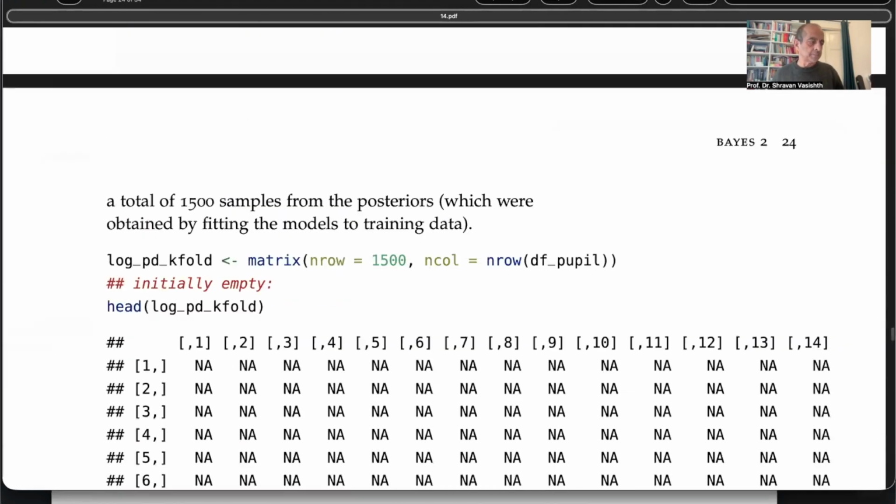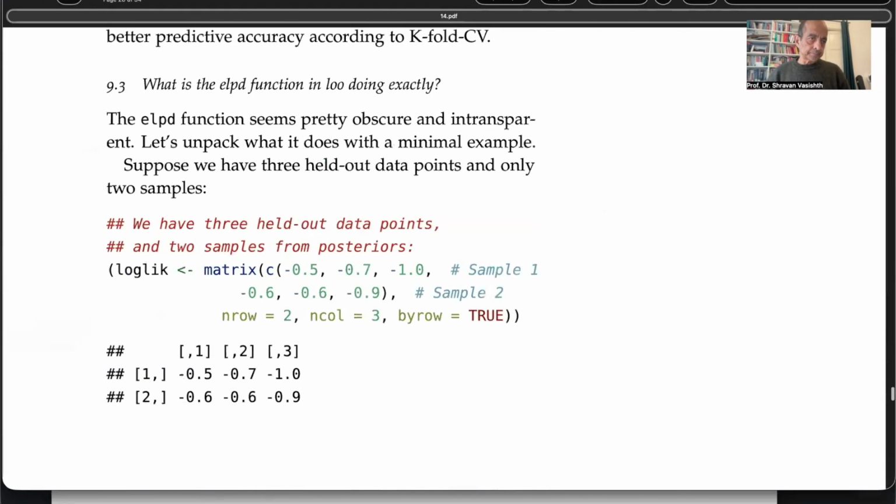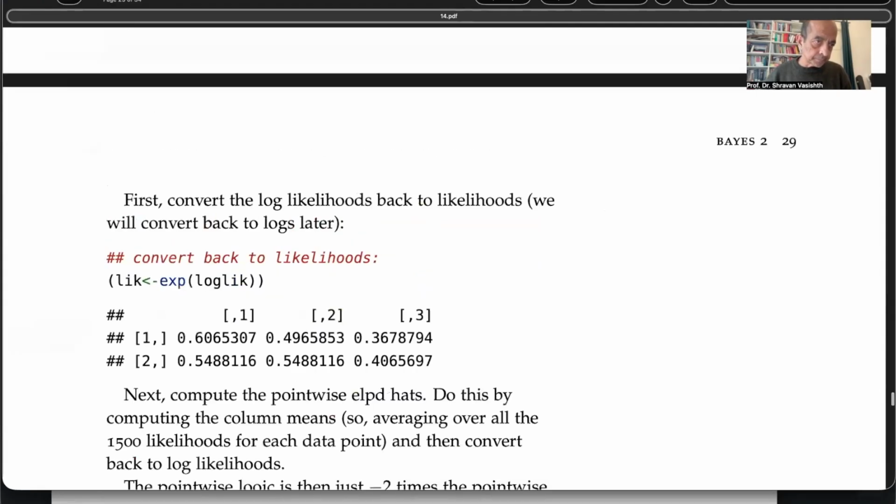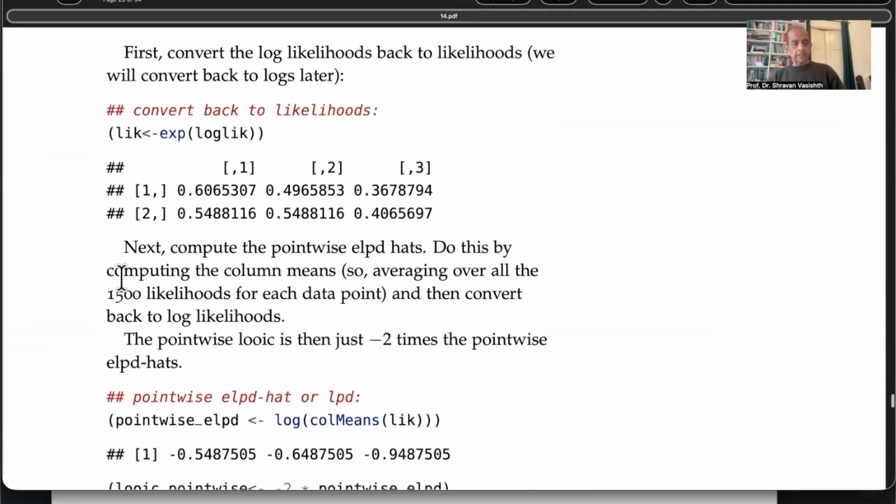I have only 2 samples from the posterior. Therefore, what I'm going to do is marginalize out the posteriors by taking the average of each column. That's what the column means does.